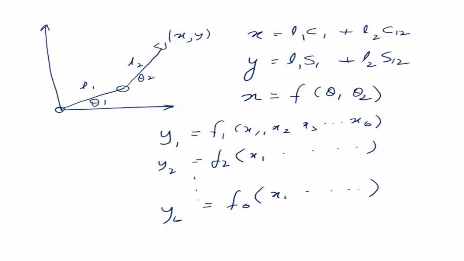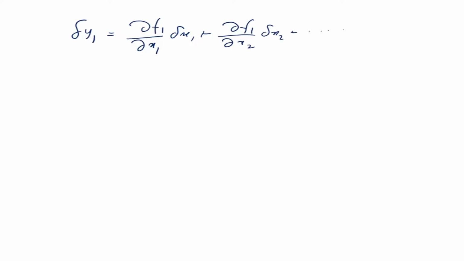What we can do is, if I want to calculate the differentials of y as a function of the differentials of x, then we can write this as dy1 is equal to the partial derivative of f1 with respect to x1 times dx1, plus the partial derivative of f1 with respect to x2 times dx2, plus like this, right?